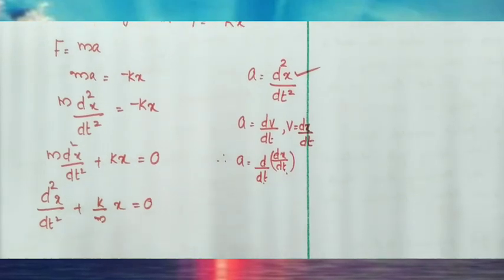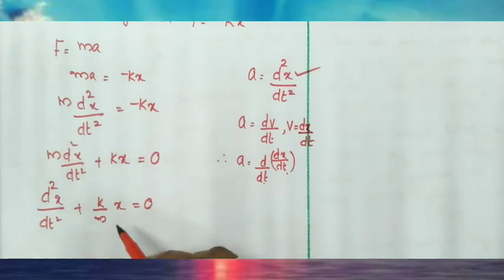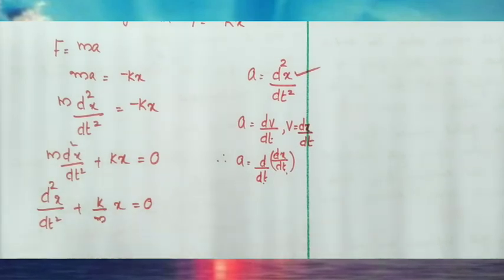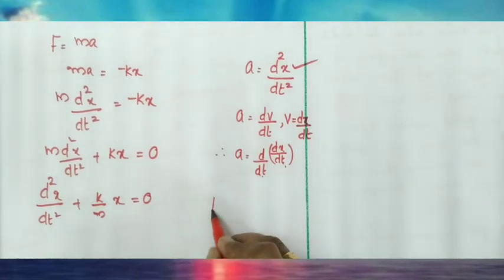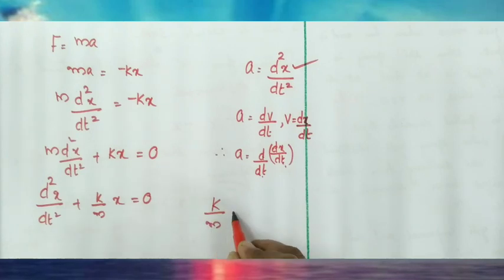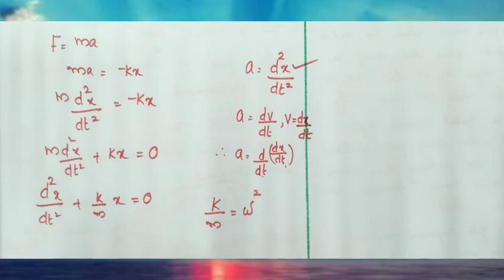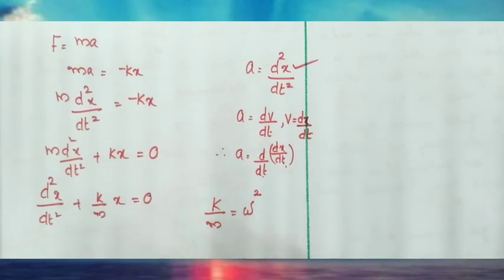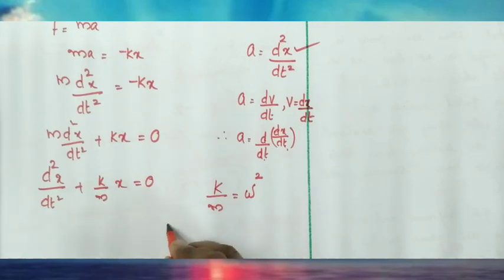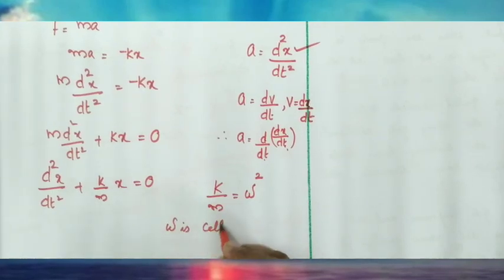Here k is called force constant, m is the mass of the particle exhibiting simple harmonic motion. So k by m is a constant which can be represented as omega square, and this omega is called angular frequency.